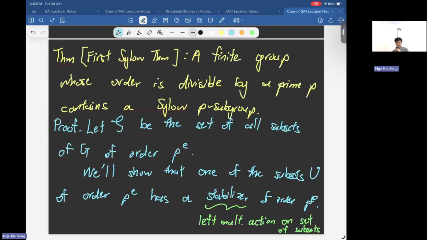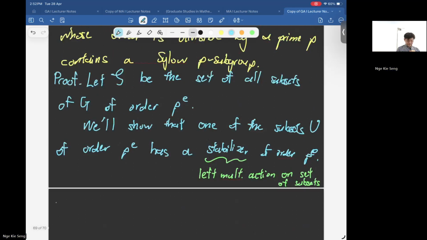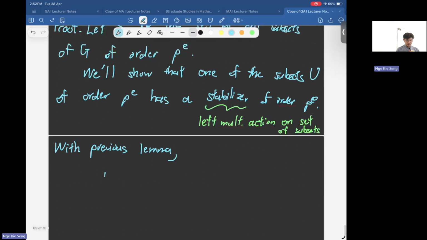So from what we know from that lemma, what do we know? The cardinality of this X here is n, which is not divisible by p. So how should we express this n here, with the previous lemma? The cardinality of this X here is n.